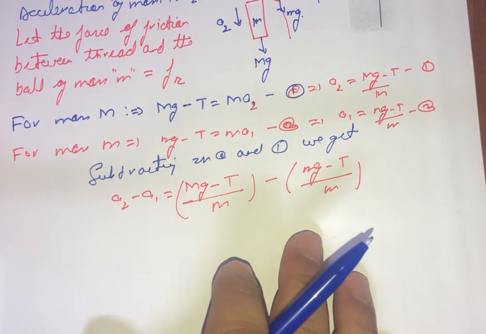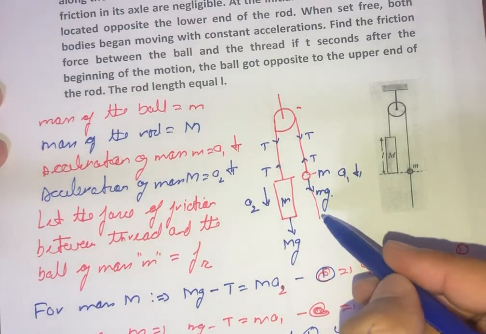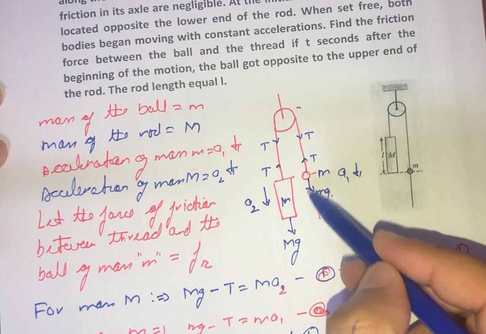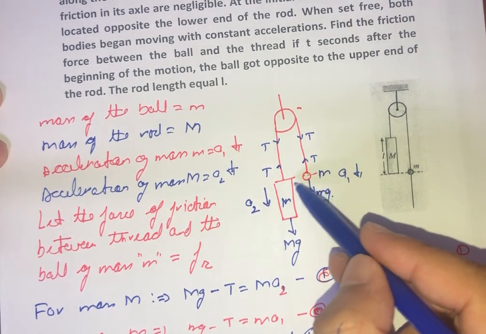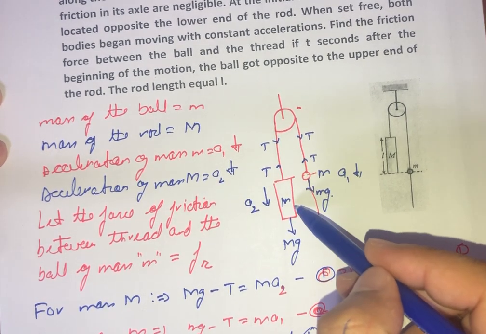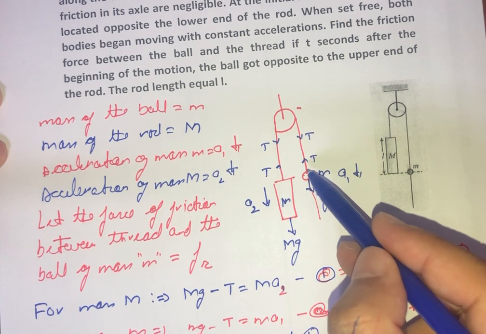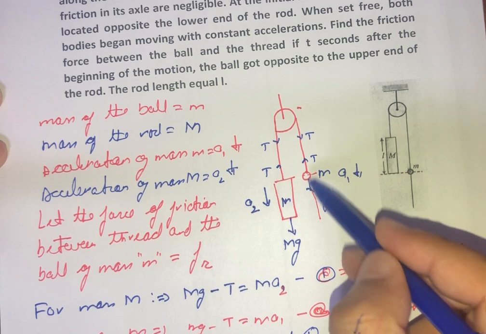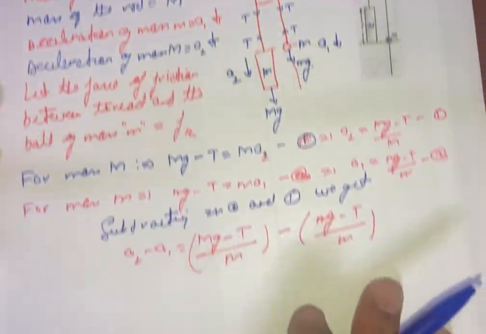Now what happens after time t? The ball reaches the upper end of the rod. Under this condition, the force of tension and the force of friction will be balancing each other. They will be equal.